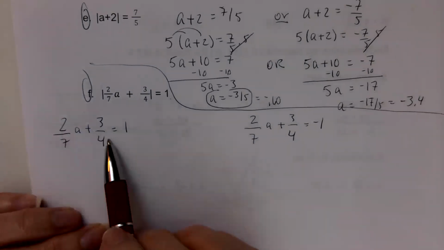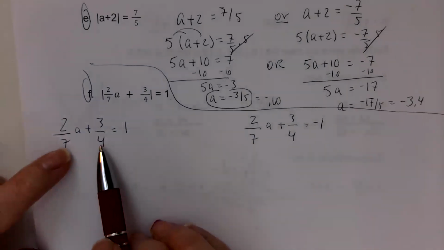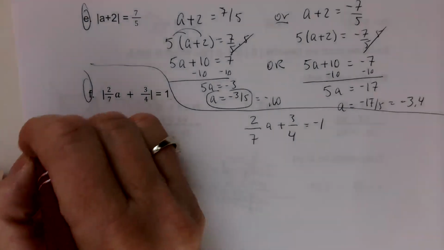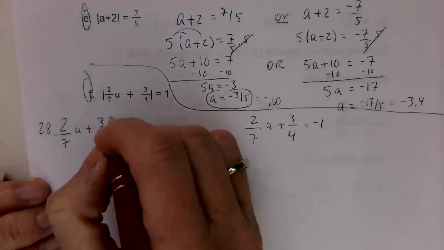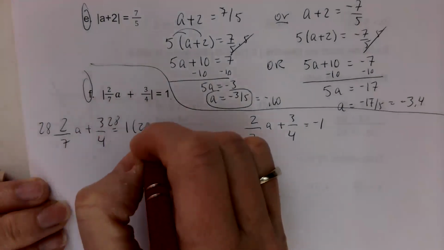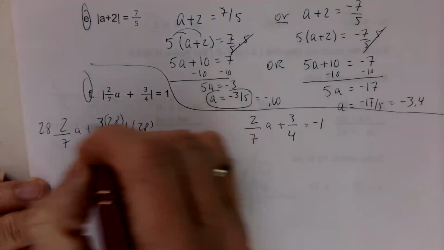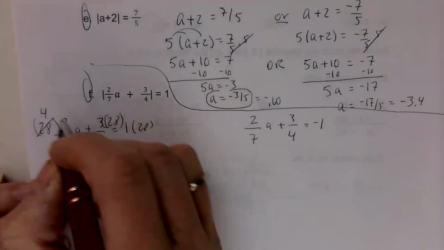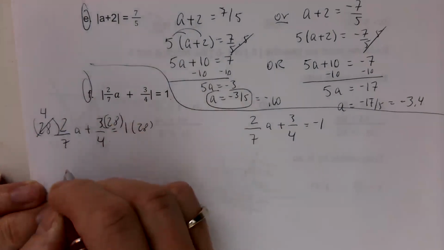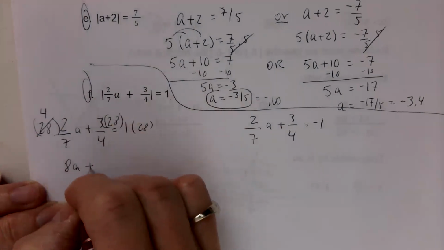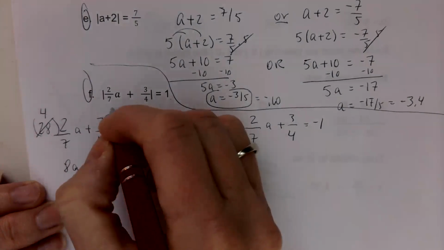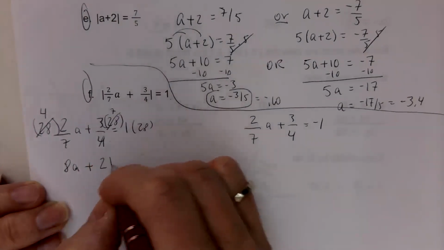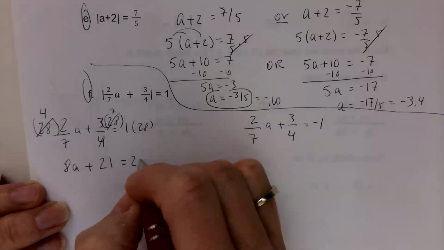So because of the fractions, I'm going to multiply by 28. 28 will eliminate 7 and 4. So 28, 28, and 28. 7 goes into 28 4 times. So 4 multiplied by the 2 is 8A. Plus 4 goes into 28 7 times. So 3 times 7 is 21. Equals 1 times 28, which is 28.